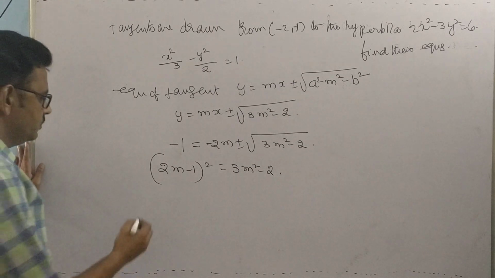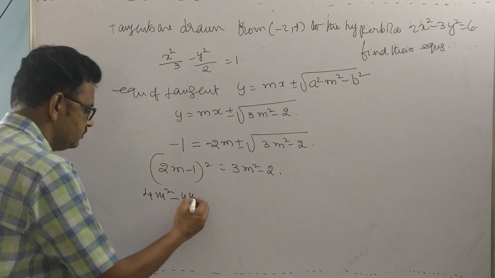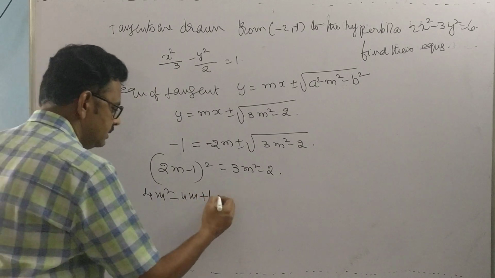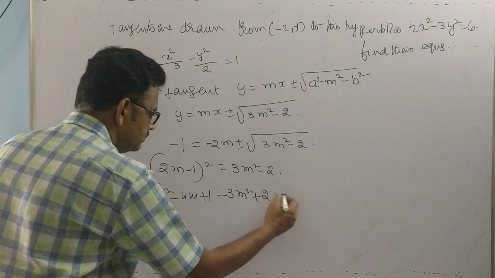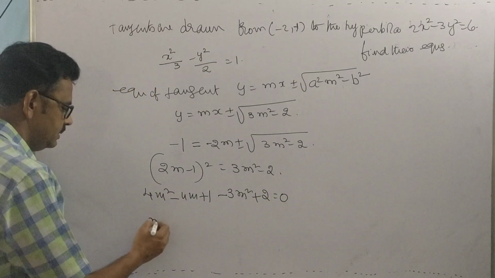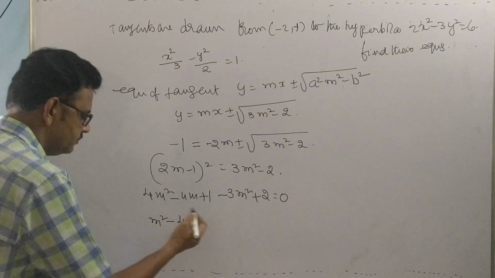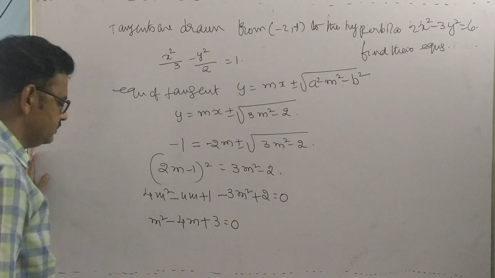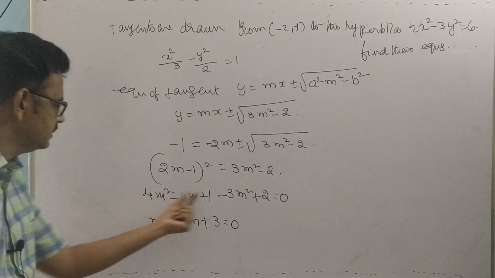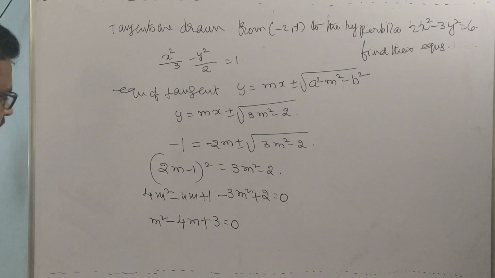So this is 4m² - 4m + 1. Taking this side, 3m² + 2 = 0. So this is m² - 4m + 3 = 0.